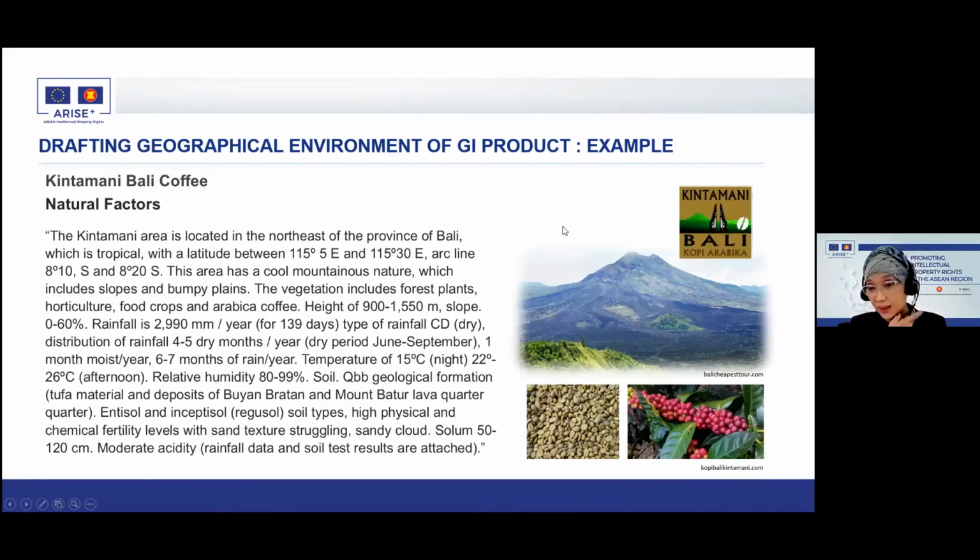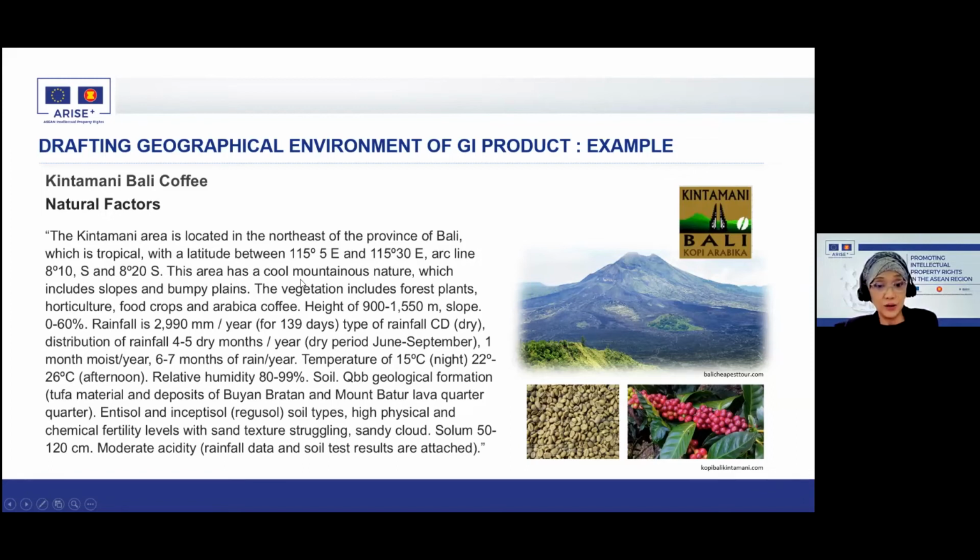Let's take an example from Kintamani Bali Coffee. The drafted natural factors in the Kintamani Bali Coffee specification are as follows. This is the area, this is the coffee, and these are the fruits of the coffee. The Kintamani area is located in the northeast of the province of Bali, which is tropical, with a latitude between 115 and 115.30, arc line 8°10'S, 8°20'S.